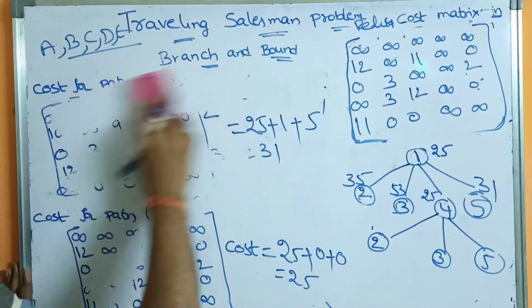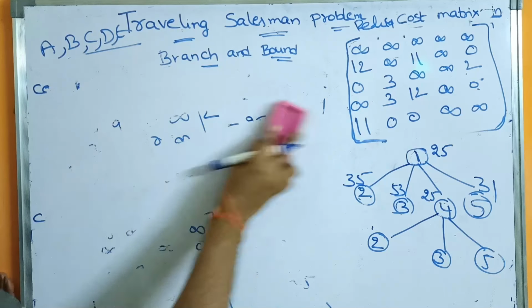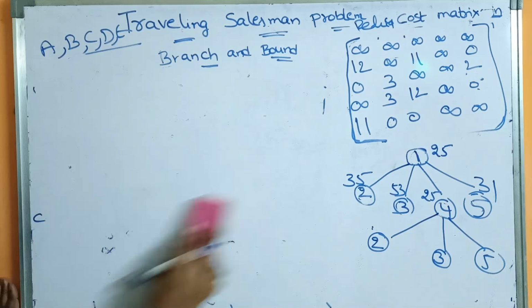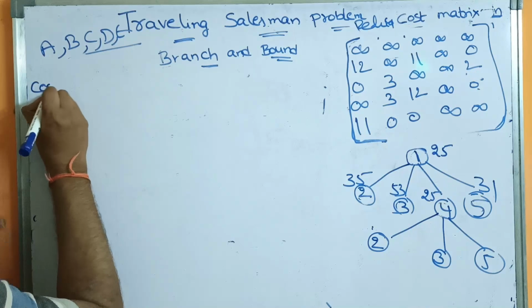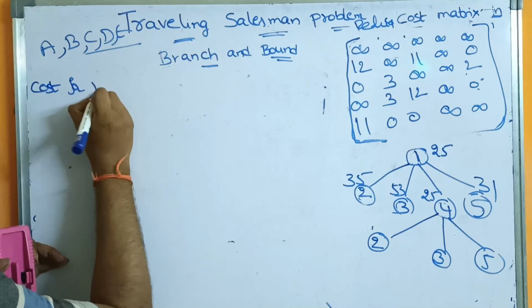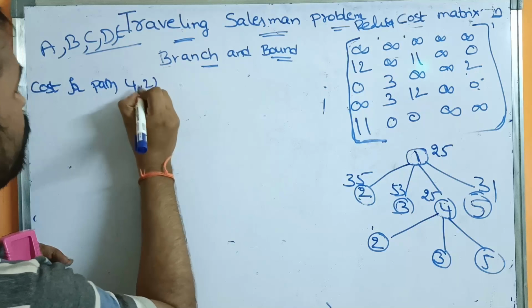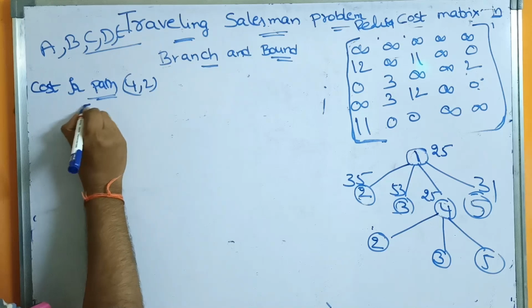So let us determine the cost for all these paths. First, let us determine the cost for the path 4 comma 2. So 4 means what?